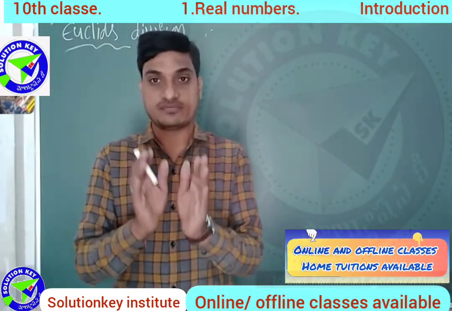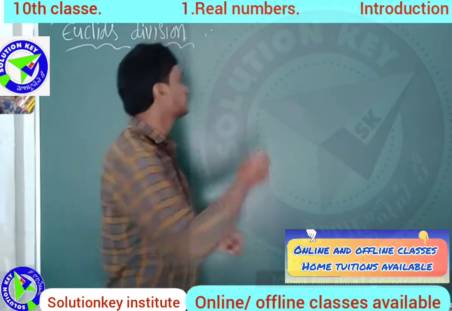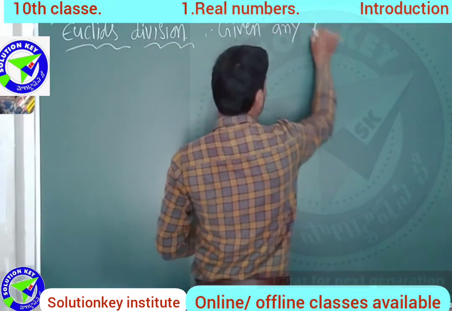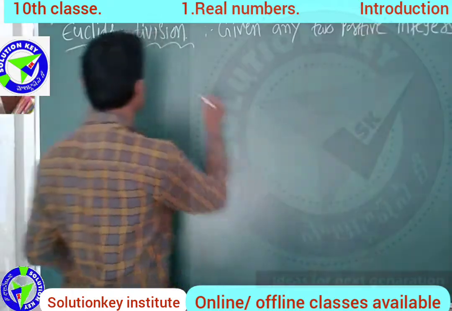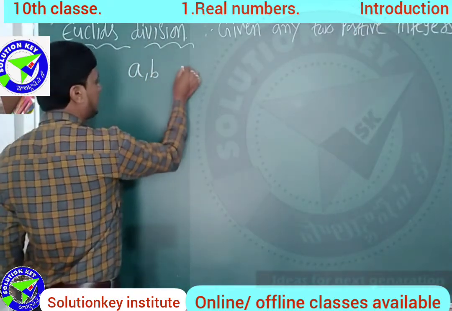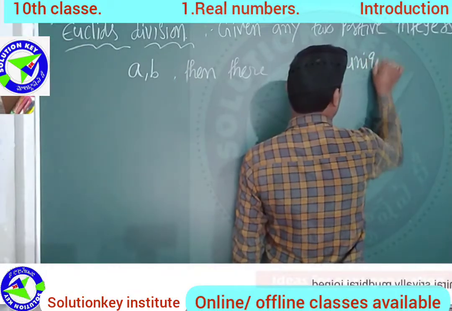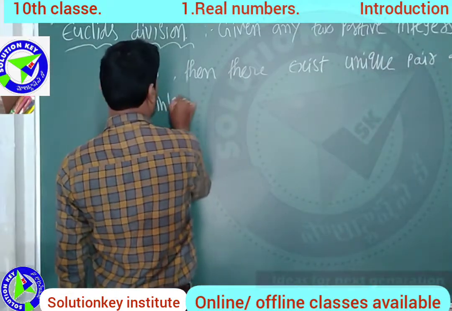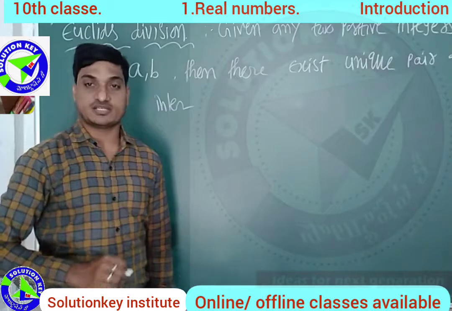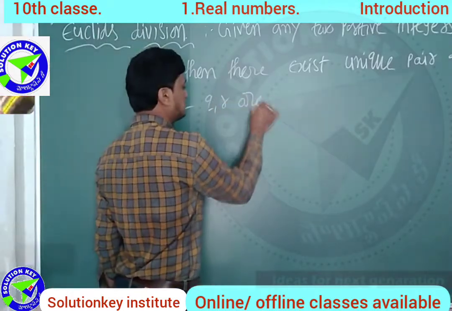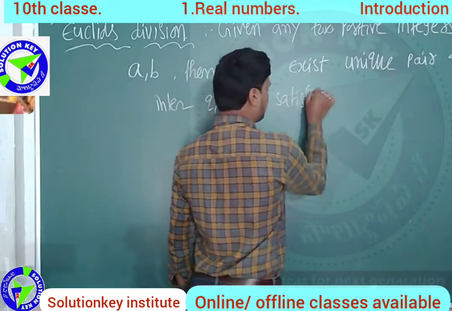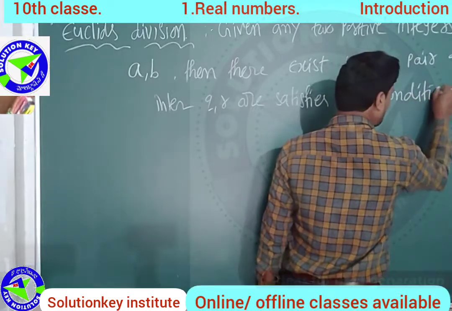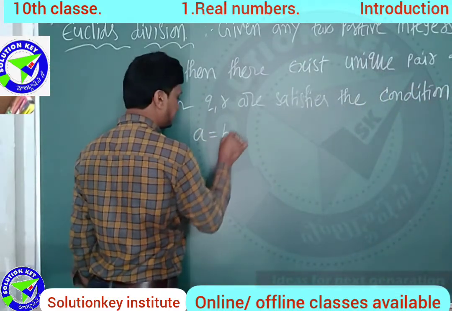In a given two positive integers, here I am taking a comma b, then there exists a unique pair of integers q and r that satisfy the condition a is equal to bq plus r.